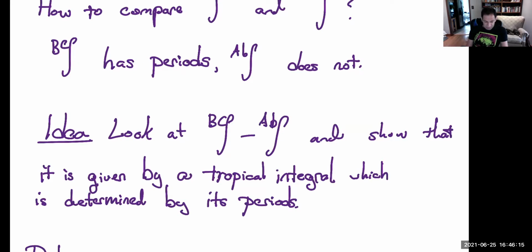Let me give an ahistorical way of doing the comparison. It's some combinatorial object, so maybe it's given by a tropical integral, and then by non-degeneracy of the tropical integration, it should be determined by its periods, and then you can just guess the answer.